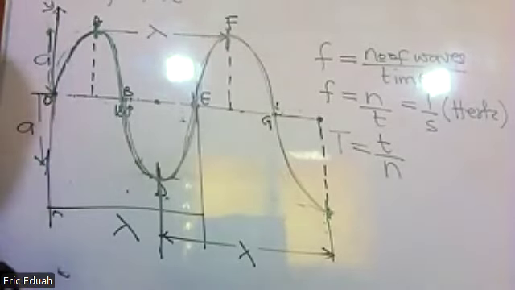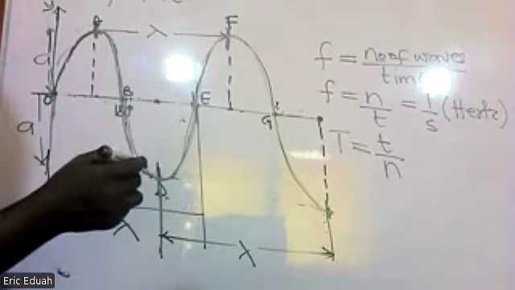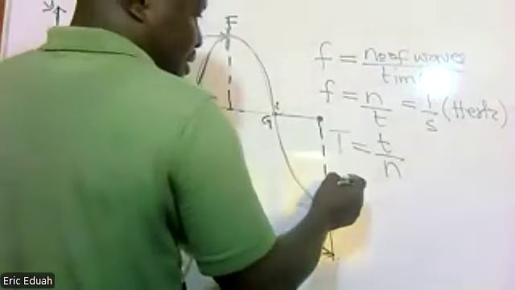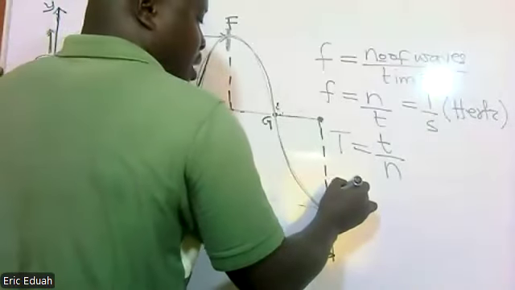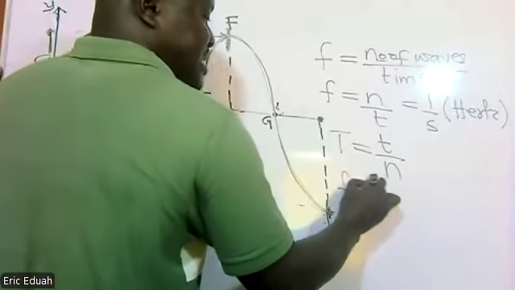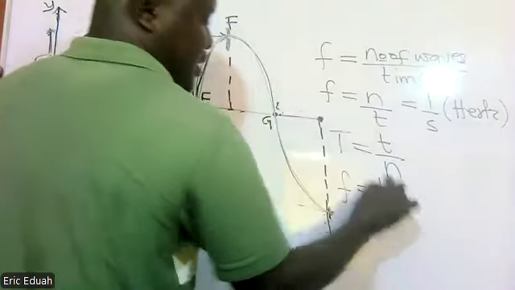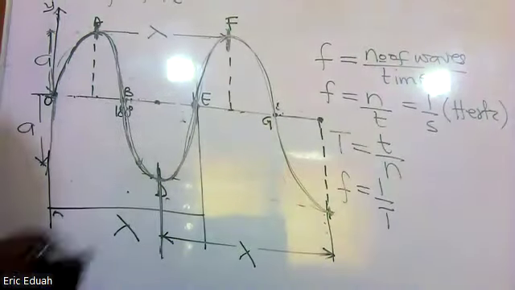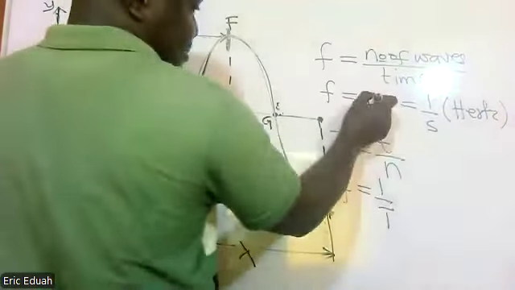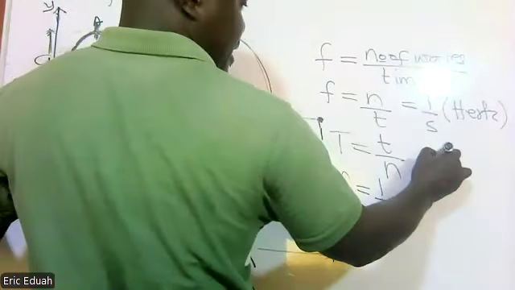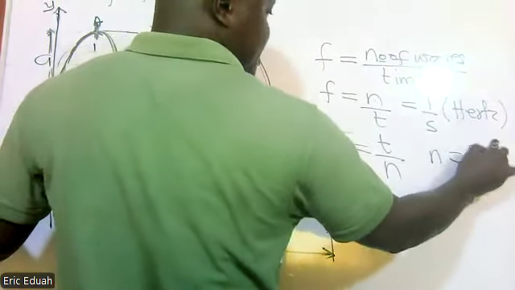And so from these two relations, we can establish that F relates to period by this equation. Make N the subject from the first: N is equal to Ft.